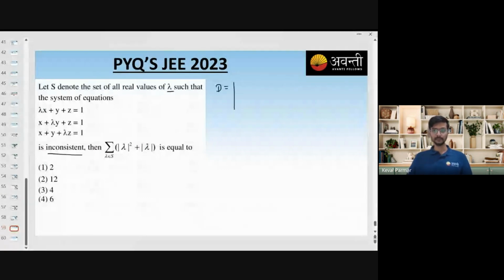D, 1 lambda 1, 1 lambda, equals to 0. So yeah, let's try to find the value.